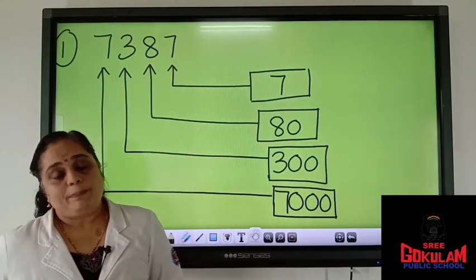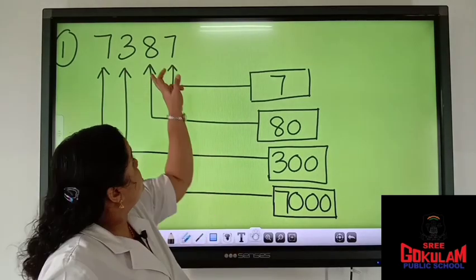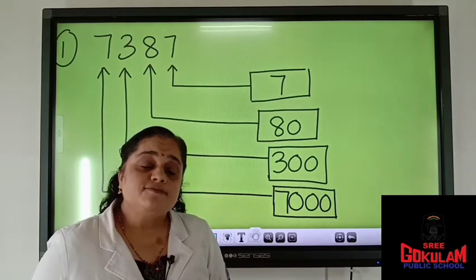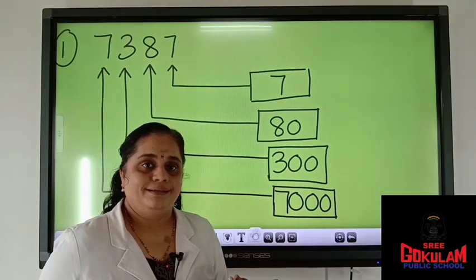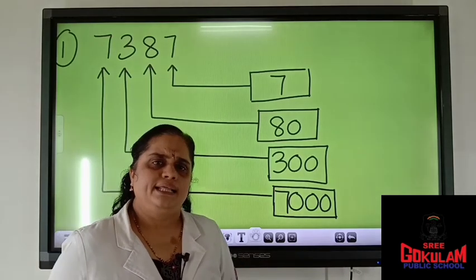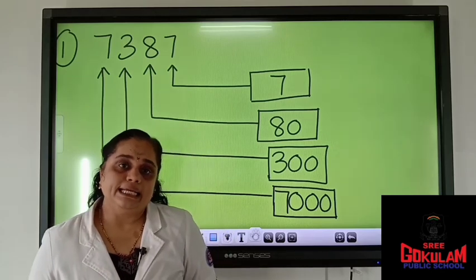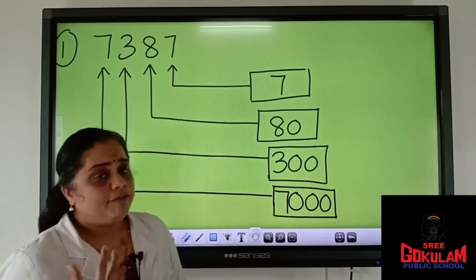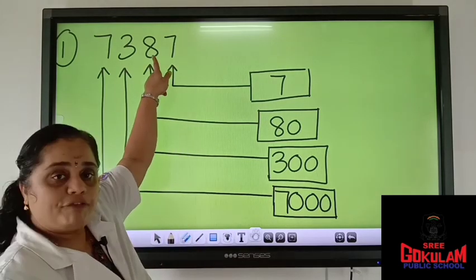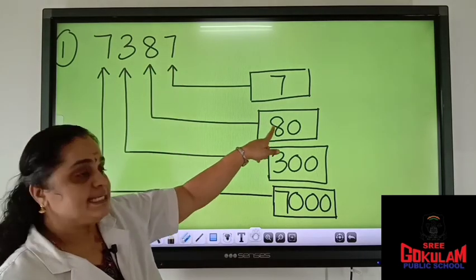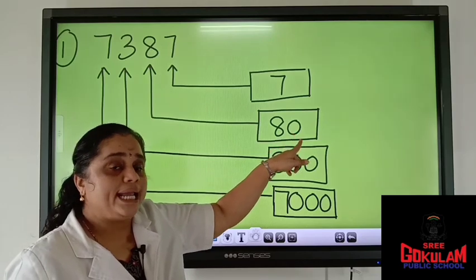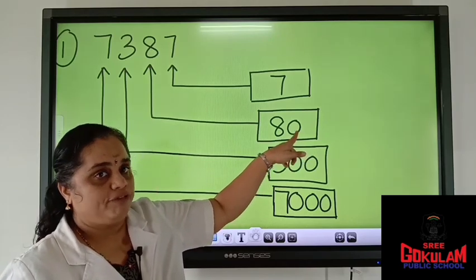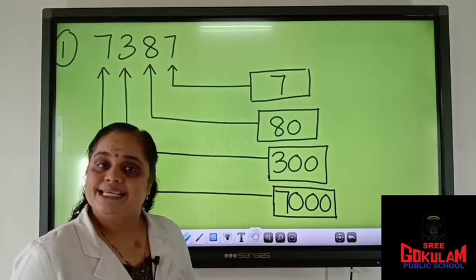Okay, so place value depends on the position, but face value is different. Face value, you don't have to think anything at all. It is completely the number. Whatever number is there, for example, if I am asking you the place value of 8, you will tell me 80. But when I ask you face value of 8, it is 8 itself.